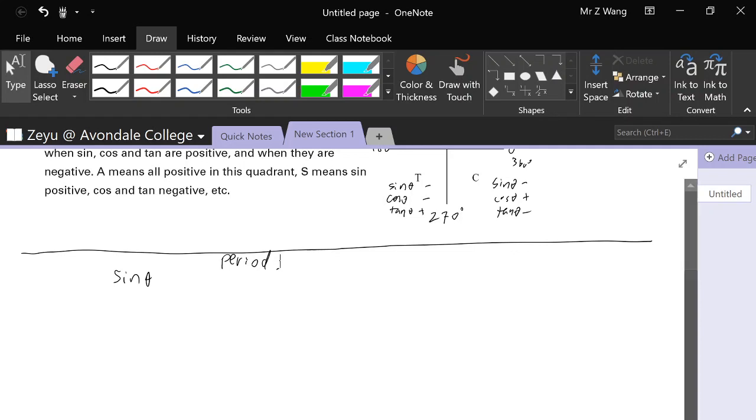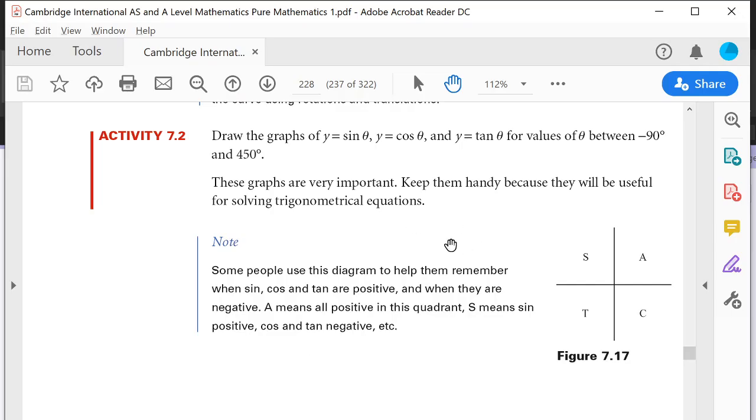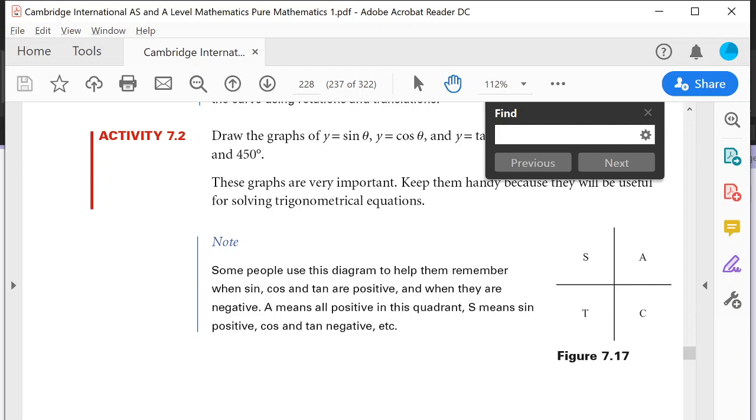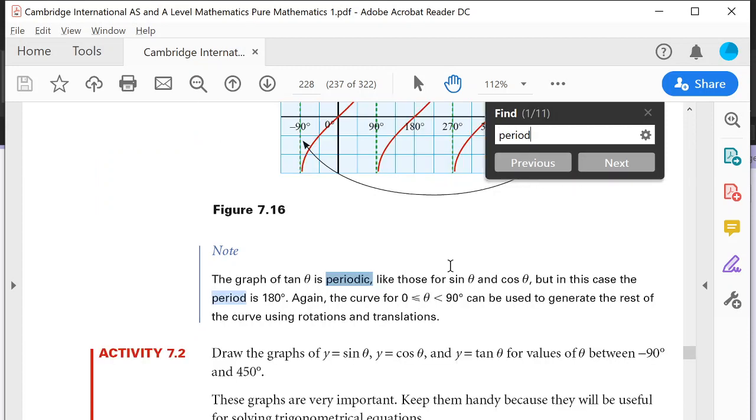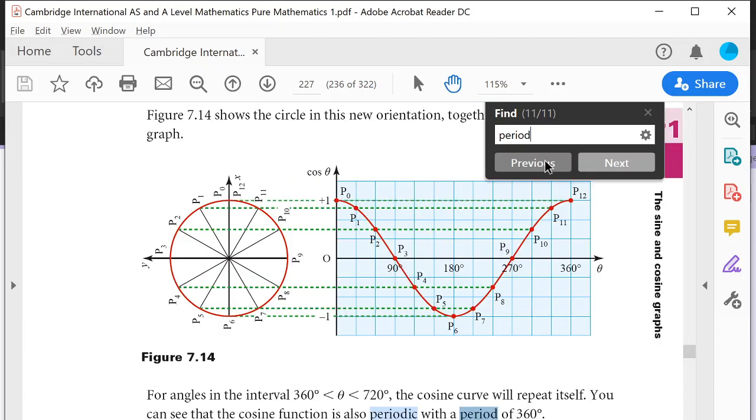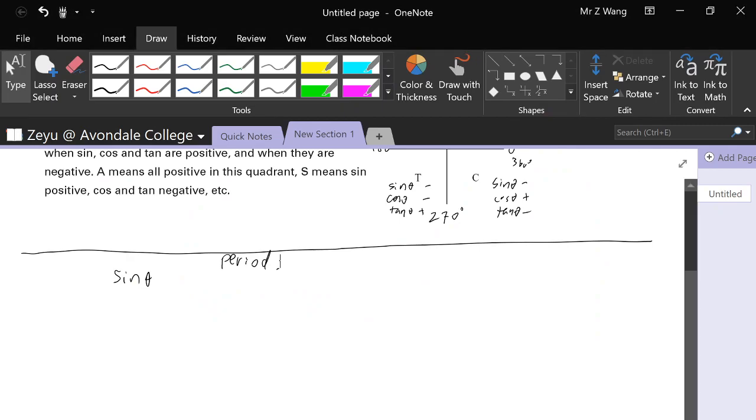The period means, let me do a search. Period. It's also periodic with a period of 360. So you just do the same thing and you can get the same information. It repeats itself.